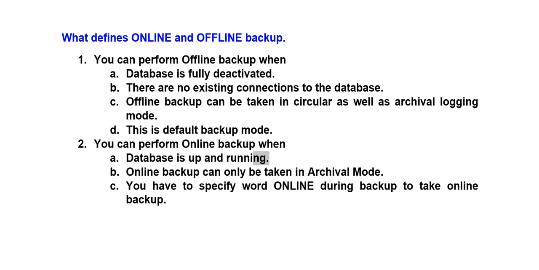An online backup is when the database is up and running. Online backup can be performed in archival mode. You cannot perform online backup in circular mode, and you have to specify the word online. But when you're trying to take an offline backup, you don't have to specify offline because there is no keyword called offline. So you have to specify the word online while trying to take an online backup.